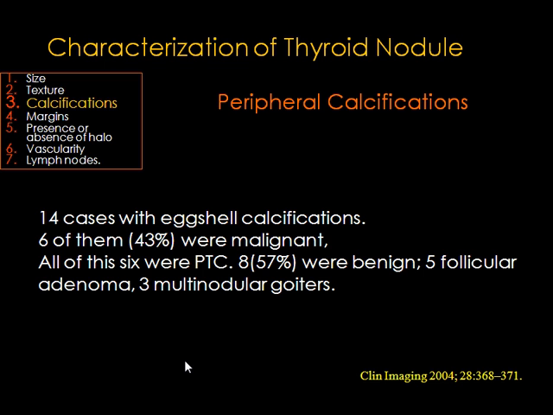In one study, 14 cases of surgically proven thyroid nodules with eggshell calcifications were reported. 6 of them, which is around 43%, were malignant, and all of these 6 were papillary carcinoma. 8 cases were benign, including 5 cases of follicular adenoma and 3 cases of multinodular goiters.